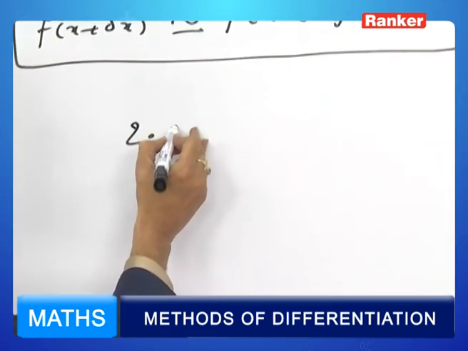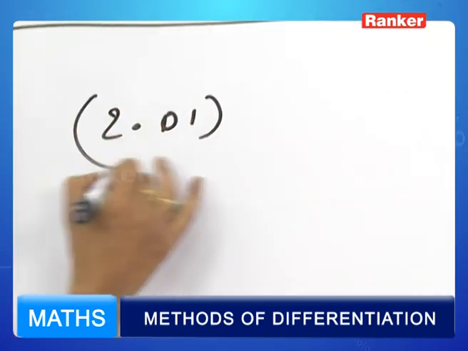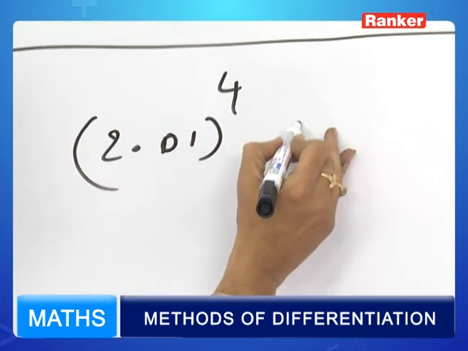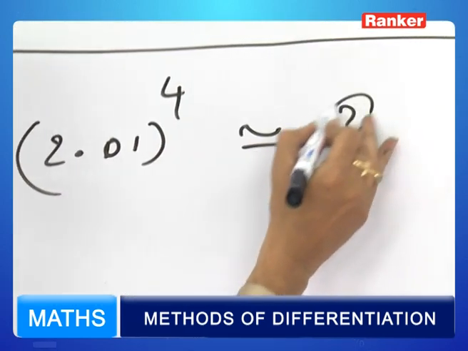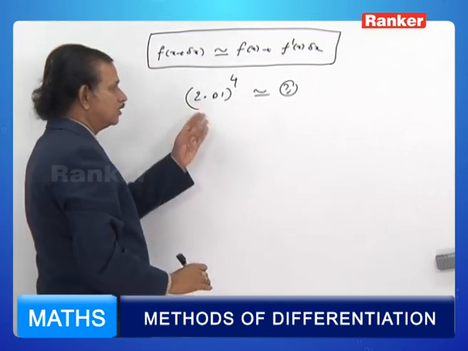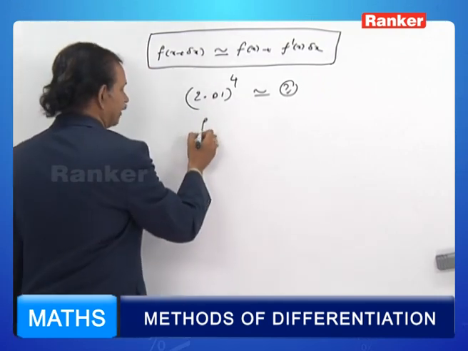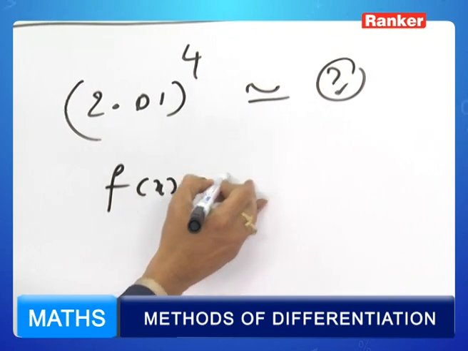What is the approximate value of 2.1 whole power 4? This looks like x power 4. In name, f of x is equal to x power 4.